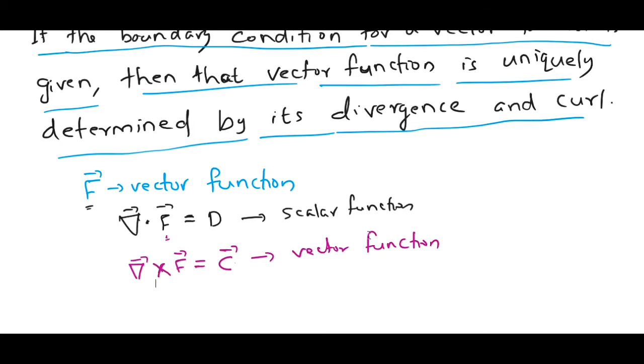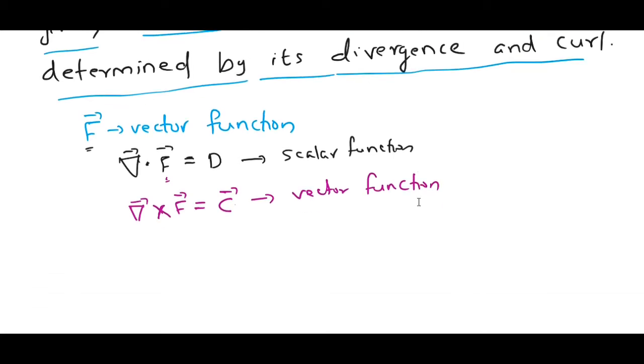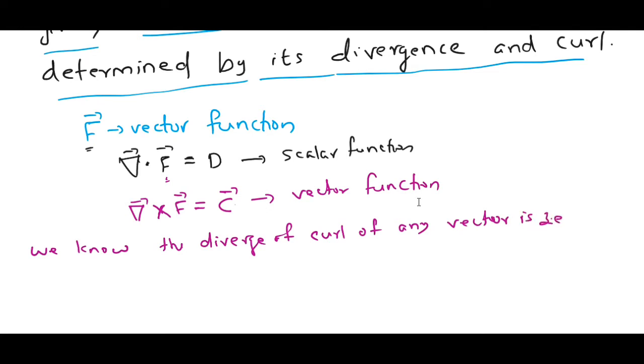Fine. Then we have learned an identity, that we know the divergence of the curl of any vector is 0.